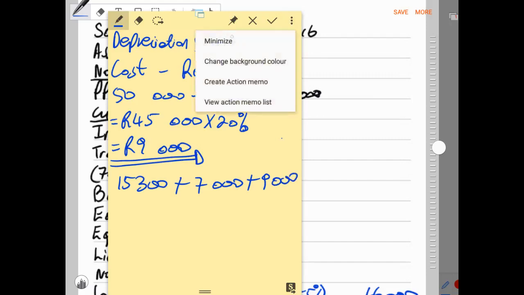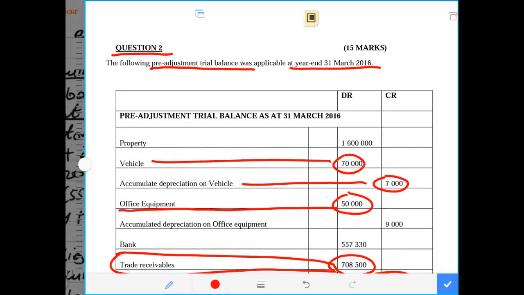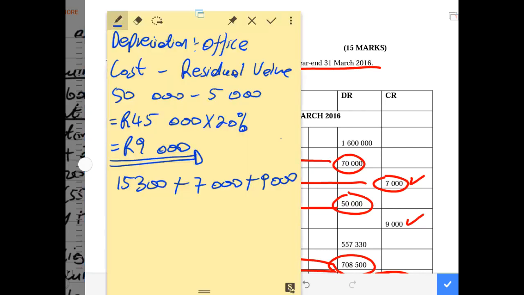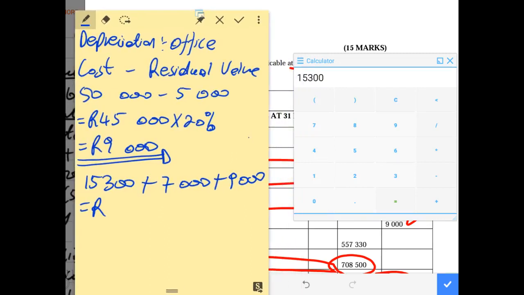So now what we are doing, we are adding all the accumulated depreciation plus the depreciation of the current year. We have 7,000, 9,000 of the accumulated depreciation. We add it to the depreciations of the current year, which is total 15,300. Therefore, that will give us total accumulated depreciation to be deducted in the balance sheet. So now we have 15,300 plus 7,000 plus 9,000.